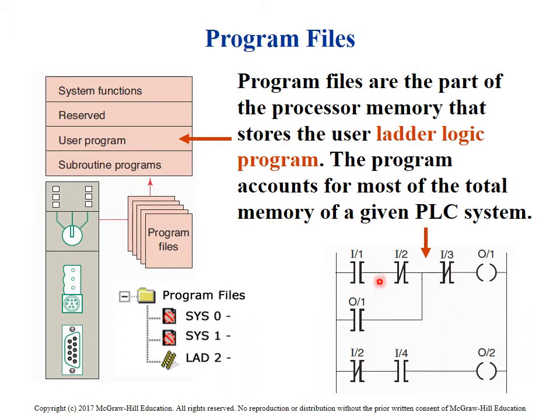When all three of these components are highlighted, this piece here will highlight on the right. The same thing goes for this one here at the bottom. And normally closed means what? The input's got to be off. And for normally open, the input's got to be on. They're showing us program files, system 0, system 1, and ladder 2, and where those files reside under the user program.